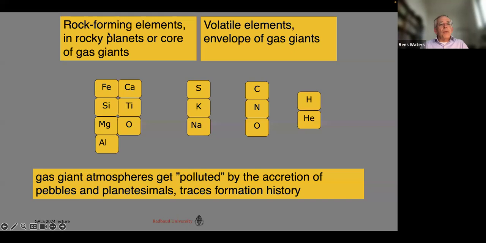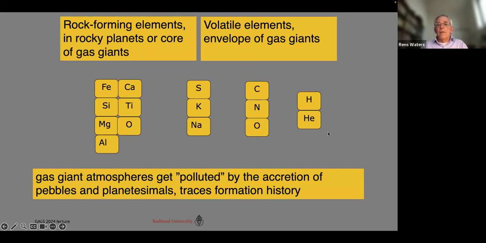But in principle, if you think about where the different elements end up, either they end up in rock-forming elements in rocky planets, or cores of gas giant planets, and a lot of these elements condense at high temperatures. So these are what we call refractory elements that form the cores of rocky planets. And then there are volatile elements that are mainly staying in the gas phase, although there are some that are doing both.